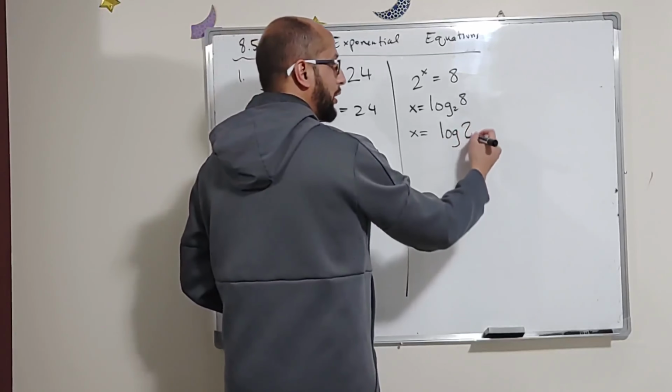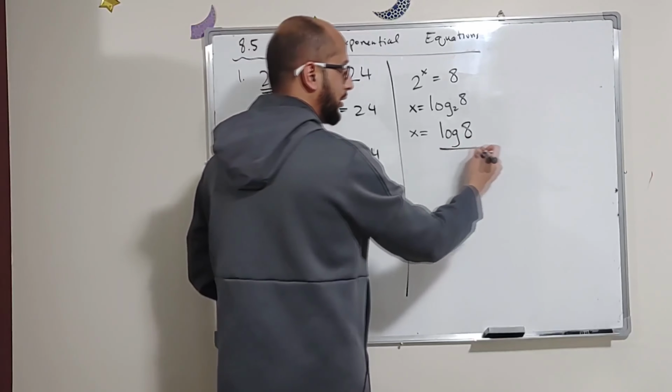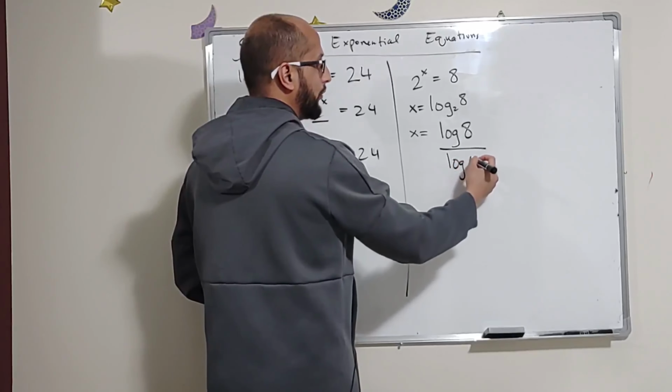So it would be log of the argument, log 8, base 10, divided by log of the base, log 2. So log 8 divided by log 2 is the same thing as log base 2 of 8, and this will also give you x is equal to 3.